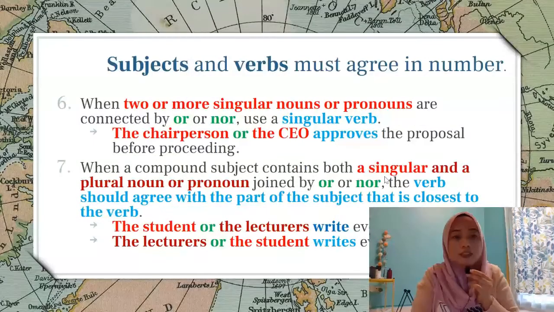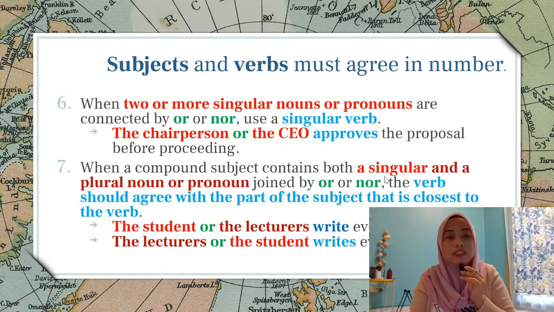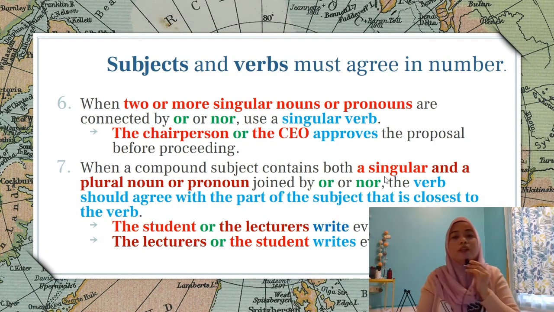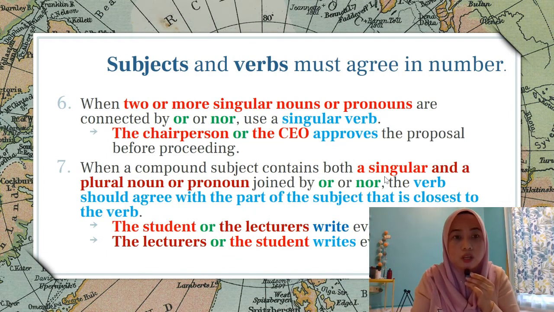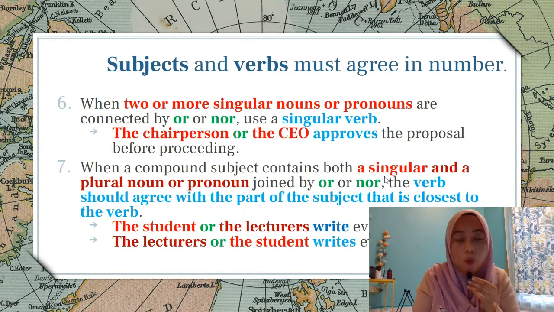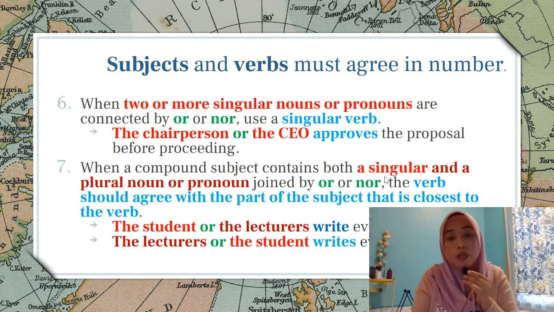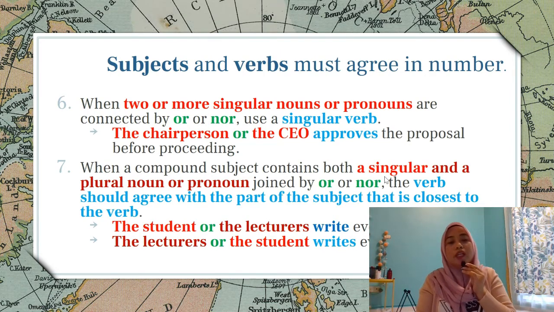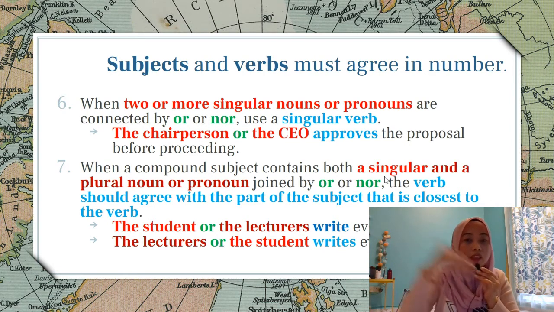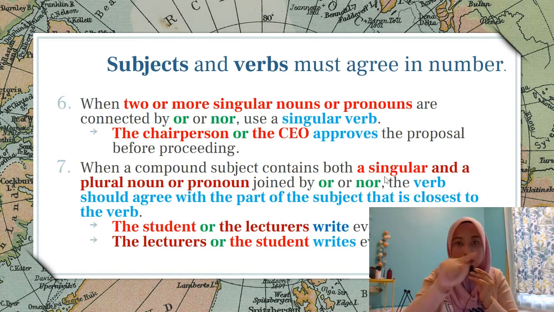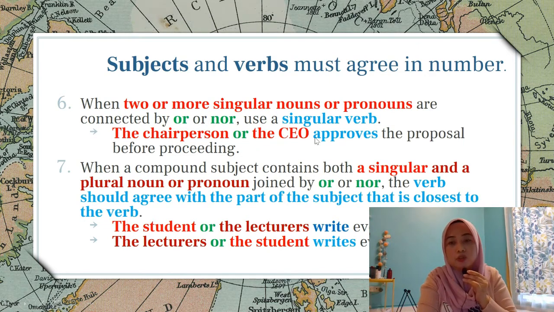Right, so rule number six. When two or more singular nouns or pronouns are connected by the word "or" or "nor", we have to use singular verbs. Go back again to subject, verb, object, and idea. Let's have a look at this example: The chairperson or the CEO approves the proposal before proceeding.